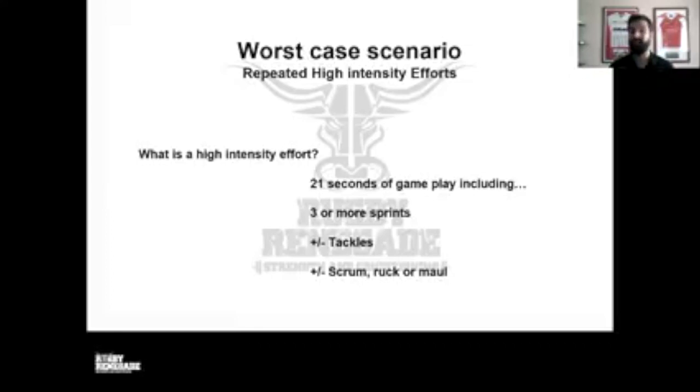So a high intensity effort could be just 3 consecutive tackles, or 3 ruck or maul situations in very quick succession within that 21 seconds, or purely 3 sprint efforts within 21 seconds. That's one high intensity effort.